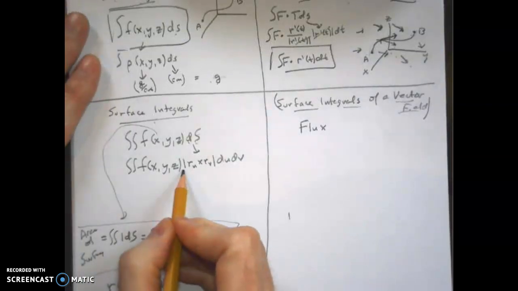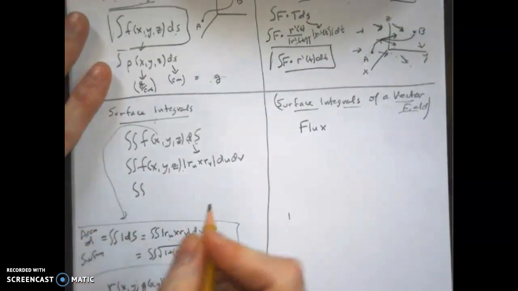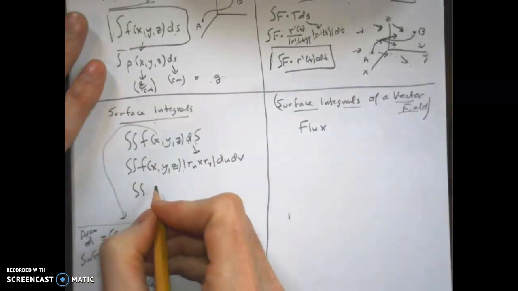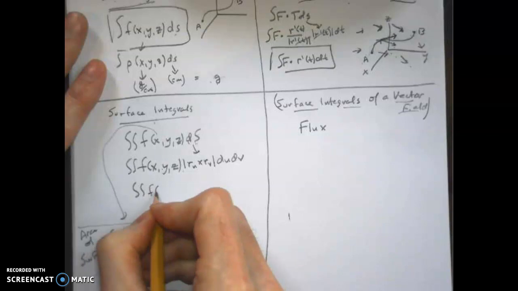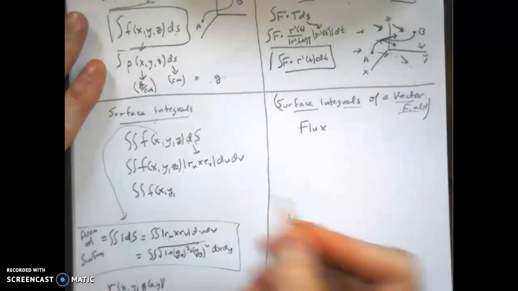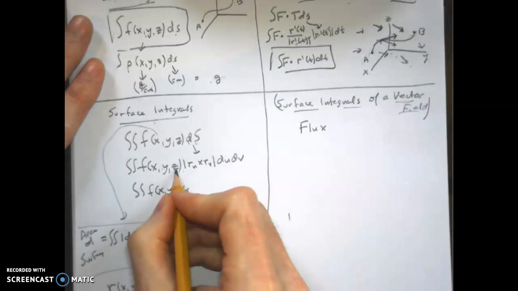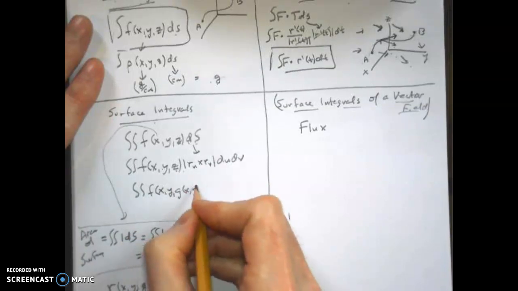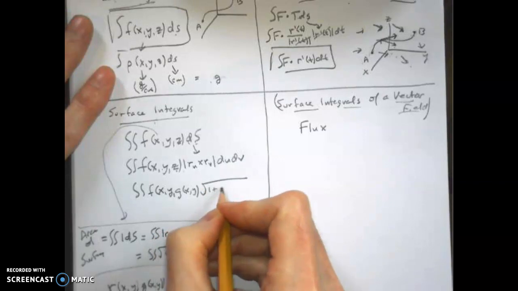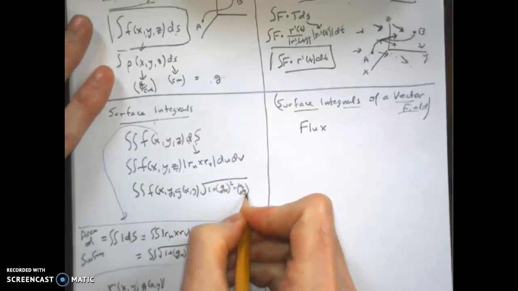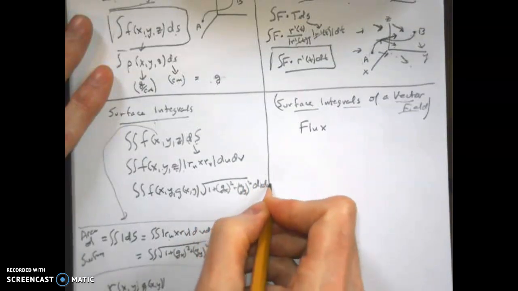You can do the same thing up here. You can also find a surface integral even if you have a function. This thing would be your f of x, y, g of x, y, if z is a function of x and y. And then you have the square root of 1 plus dg dx squared plus dg dy squared, dx dy.